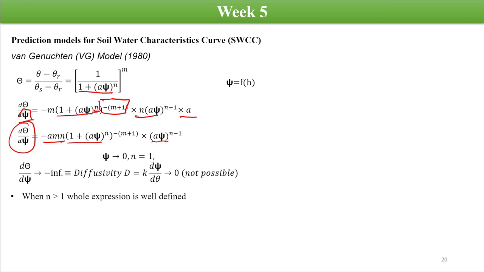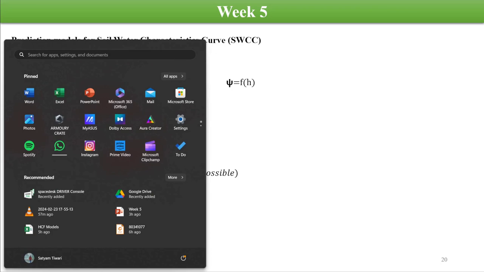In this expression, what will happen if psi tends to 0, or the matric suction is not there? At that time, if the value of n is 1, who else is trying to join?